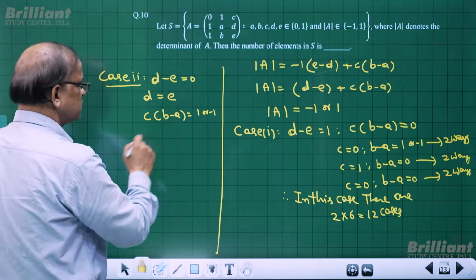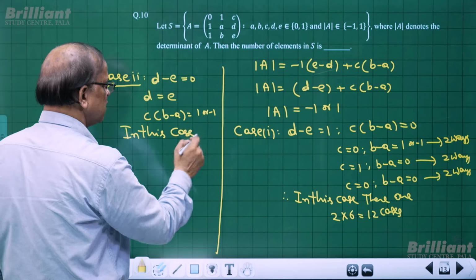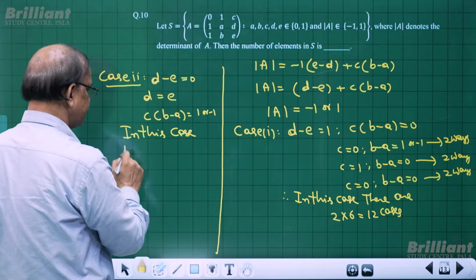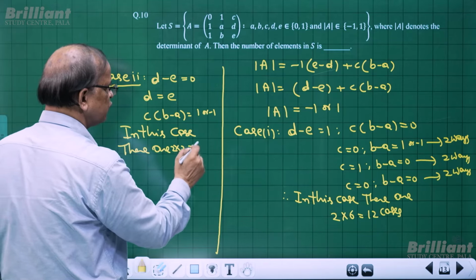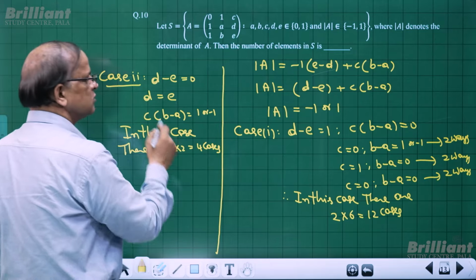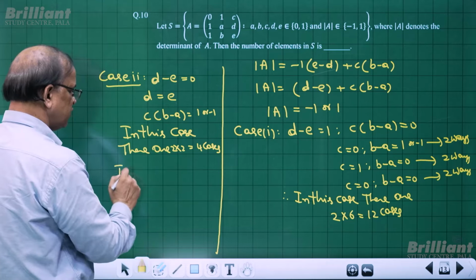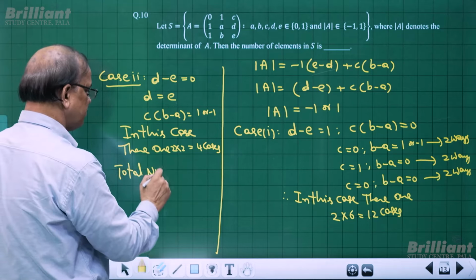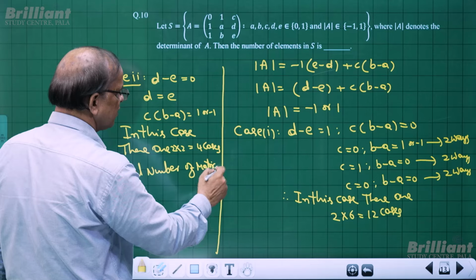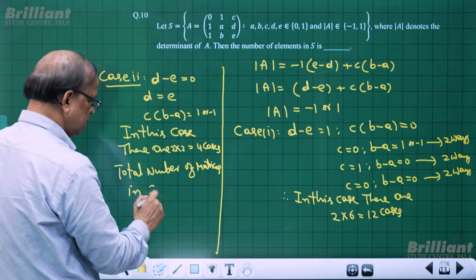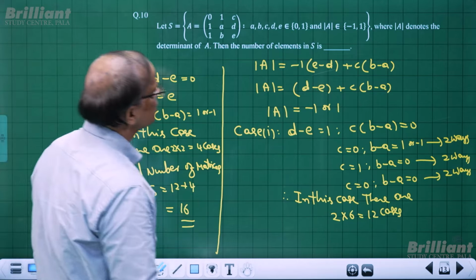So, in this case there are 2 into 2, that is equal to 4 cases, right. So, therefore, the total number of matrices in S is 12 plus 4, that is equal to 16, right.